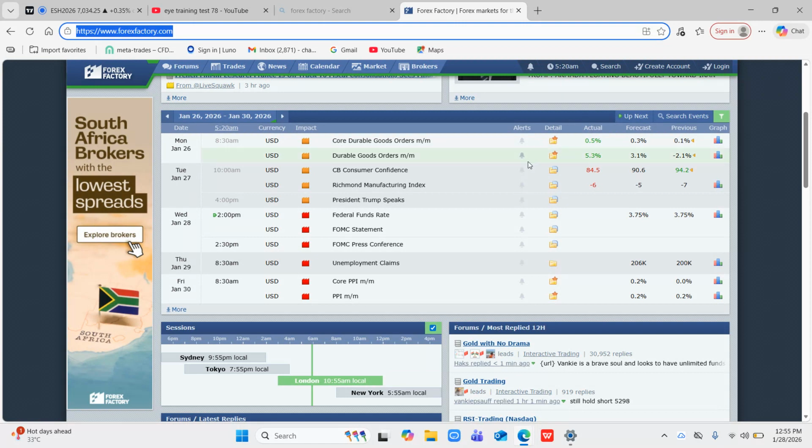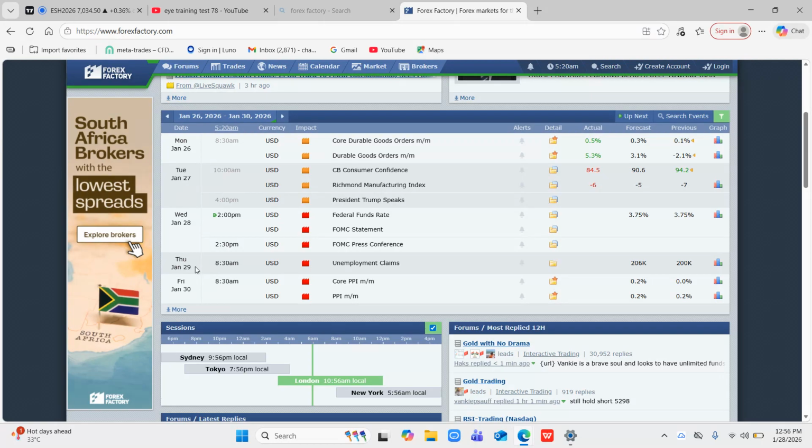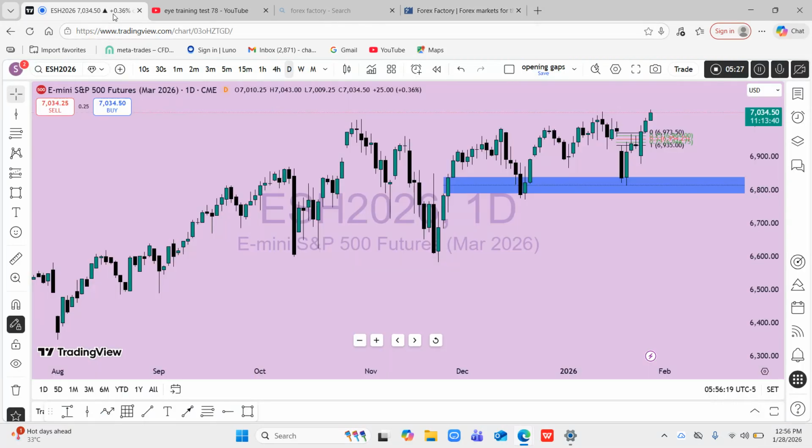The economic calendar is basically the first element as a guideline. We know we can use the news to manipulate and then later use the right direction. So right now we are bullish, and we're going to assume that we're going to be bullish unless they give us reasons why we should change direction.